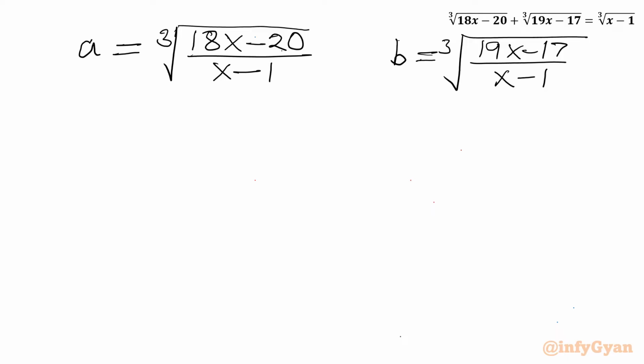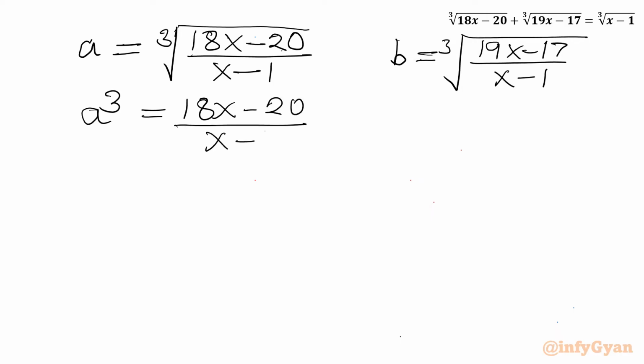Now consider cubing both sides. So I can write a cube will be equal to (18x minus 20) divided by (x minus 1), and b cube we can write as (19x minus 17) divided by (x minus 1).